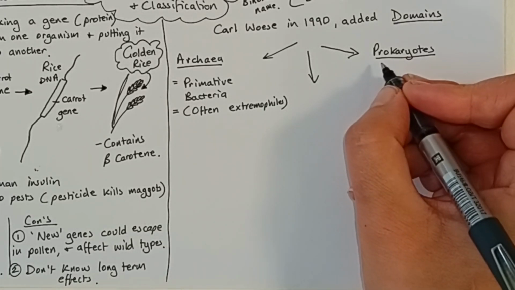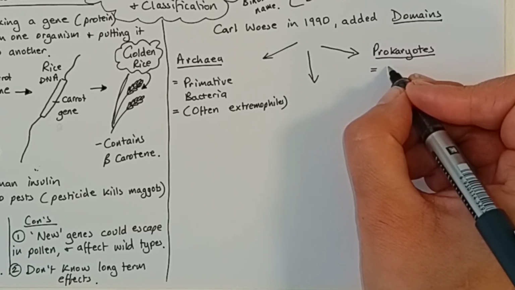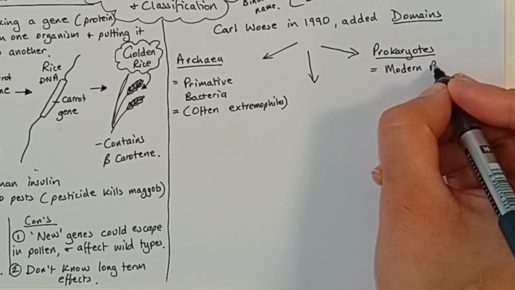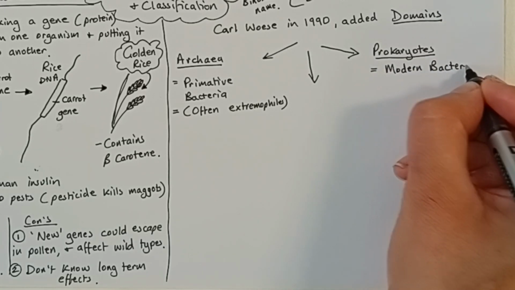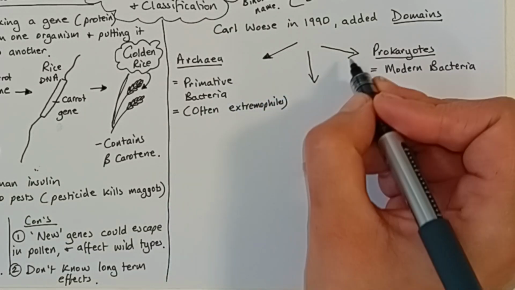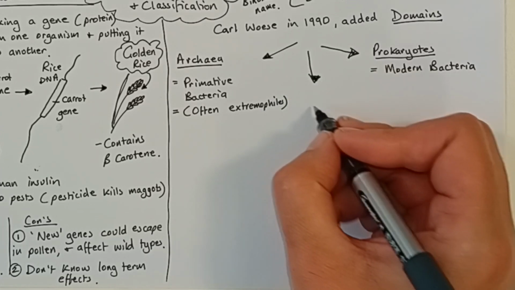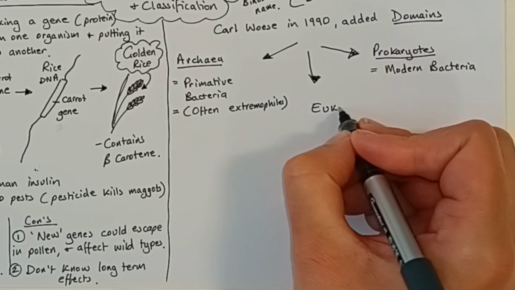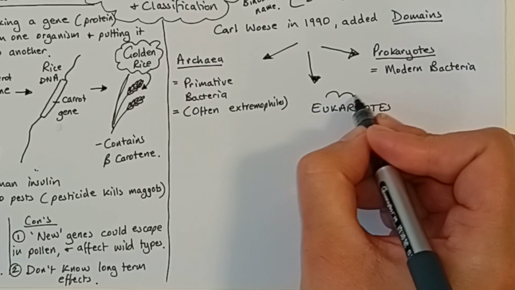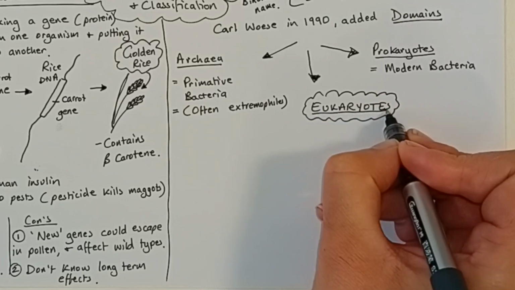So prokaryote, as you know, means before the nucleus, and it just means true bacteria, so more modern bacteria. So he said if you divide the prokaryotes into archaea and prokaryote, then everything else is eukaryote. So all of the living things need to go under this domain.